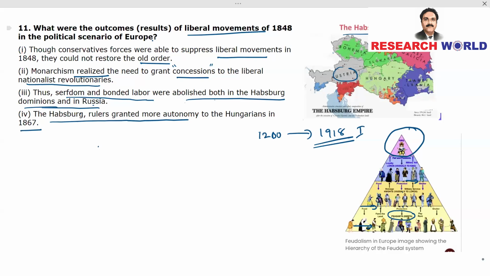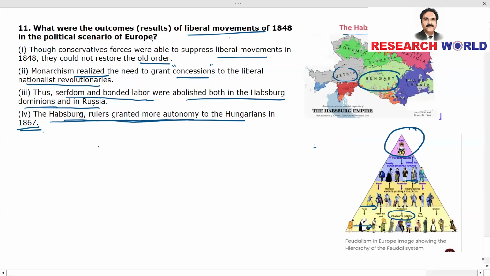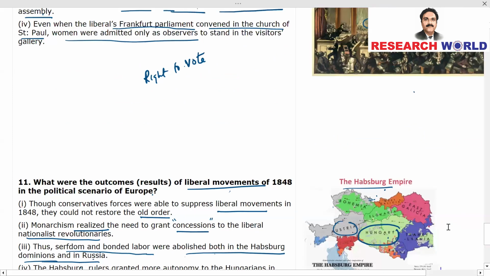That was a major outcome of the liberal movement of 1848. Finally, the Habsburg rulers granted more autonomy to the Hungarians, who were under the Habsburg Empire, in 1867. That was also an outcome of the liberal movement of 1848. Okay, hope it's clear to you. And with this, unit 3 of chapter 1 is over.